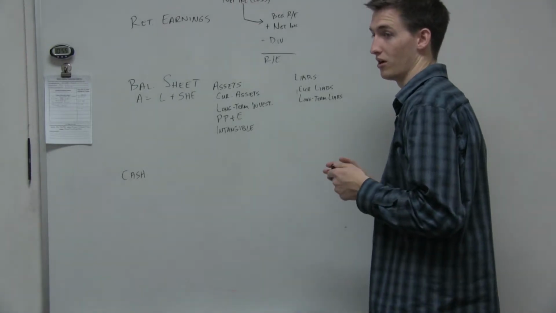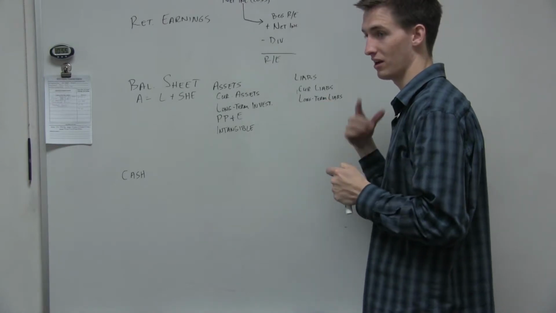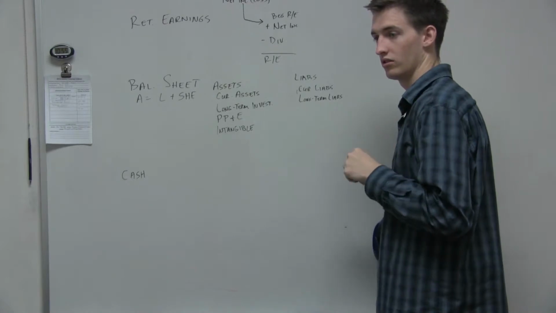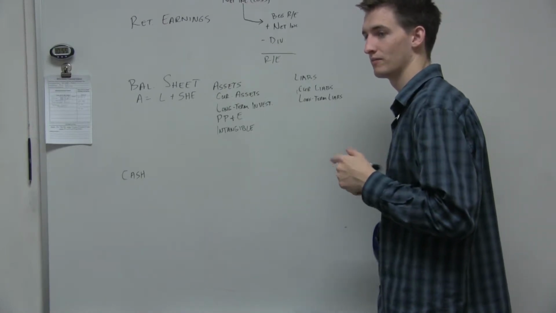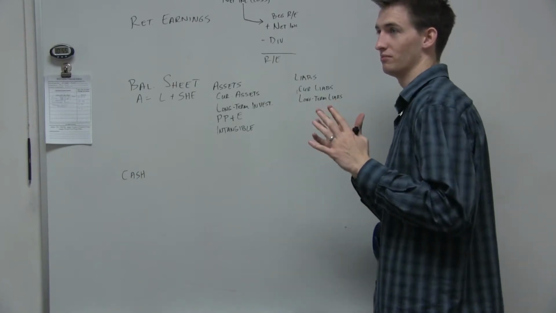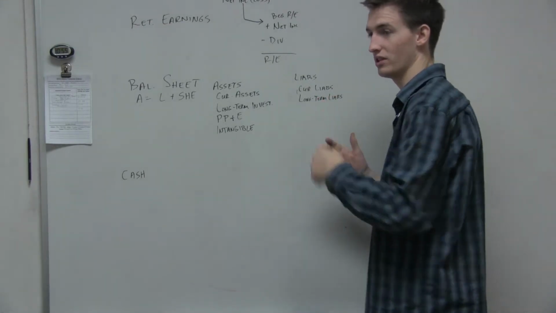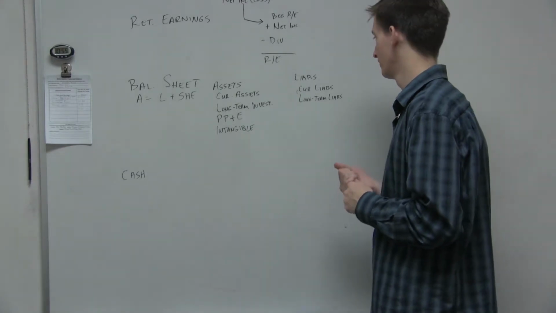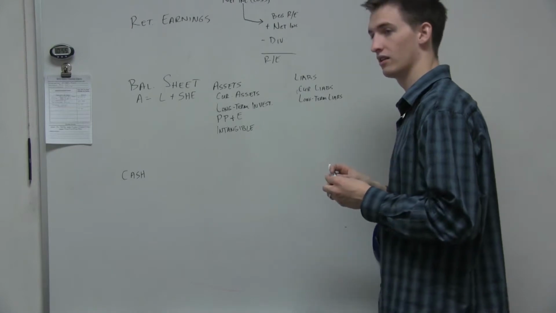If we don't have to pay the bond back for 5 years, it's long-term, but if we have to pay it back within the next year, it's current. Unless they tell me it's due within the year, I'm going to put it in long-term. Okay, so there's long-term liabilities and then I think that's it.